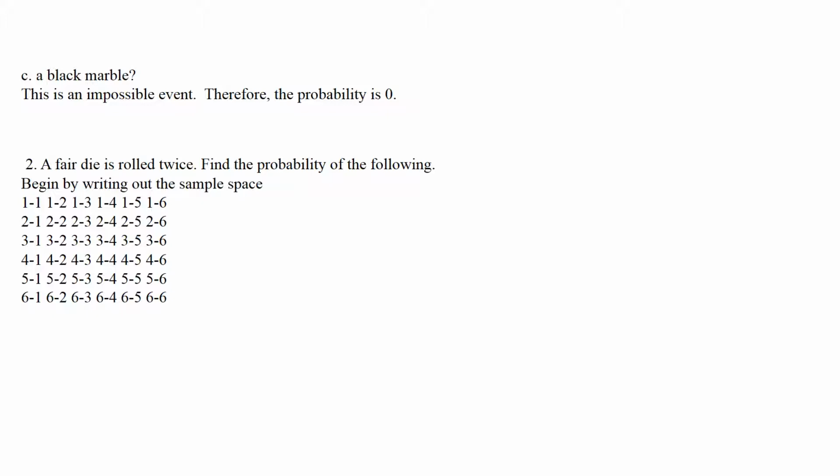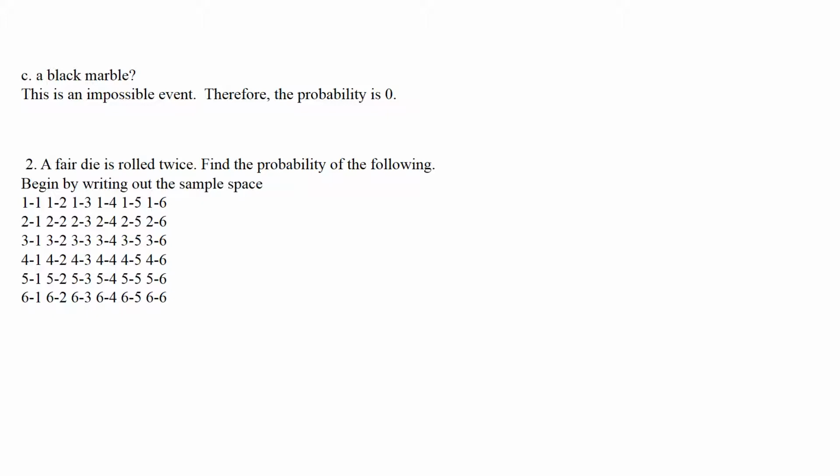The second question says a fair die is rolled twice. Find the probability of the following: the first die is 2, or the sum is 6 or 7. First, write out all the outcomes of the experiment.